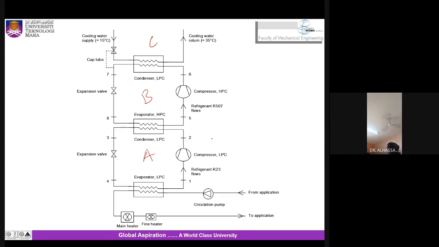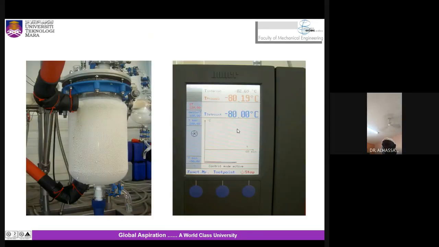You see, this has its own compressor. This is a low pressure compressor, and then we have a high pressure compressor over here. And they could be working on different refrigerants as well. Also, this is a typical example.